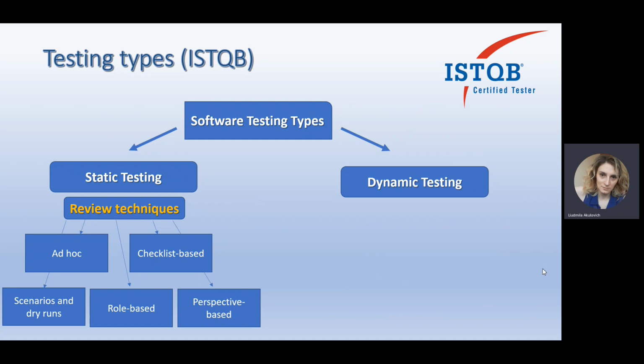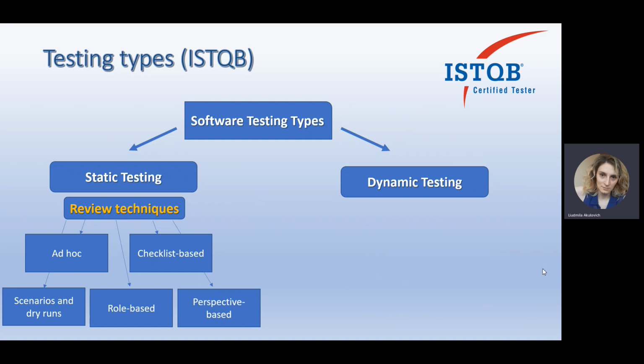So for static testing, the review techniques include ad hoc review. The meaning is actually the same: reviewers are provided with little or no guidance on how the task should be performed. It's just your experience, intuition, and so on.